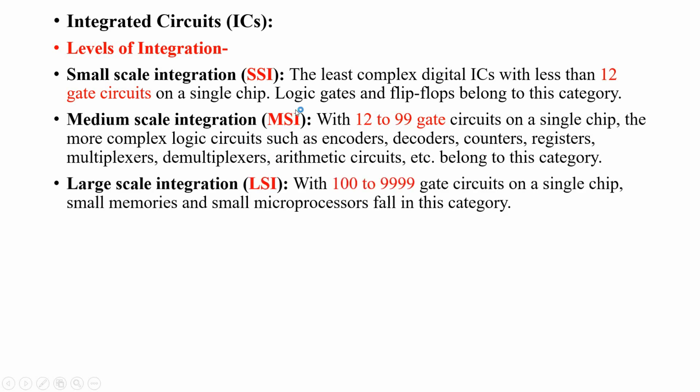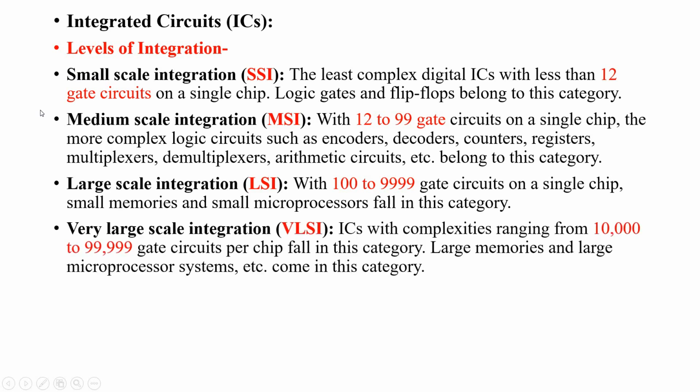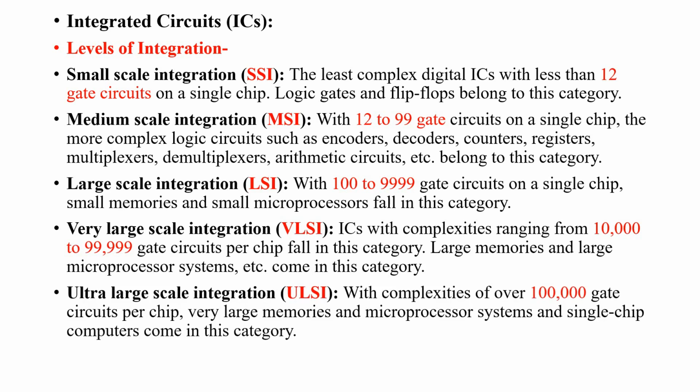Then large scale integration, LSI, which consists of about 100 to 9999 gates per chip. Small memories and small microprocessors fall into this category. Then very large scale integration, where there are 10,000 to 99,999 or more gates, we call VLSI. Apart from that, ULSI type devices are also available, where the complexity is even more.